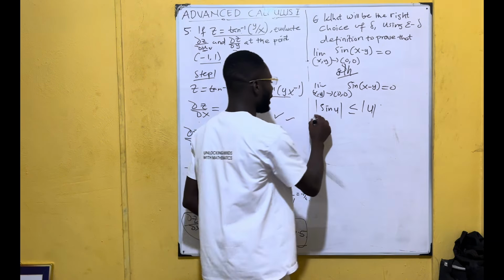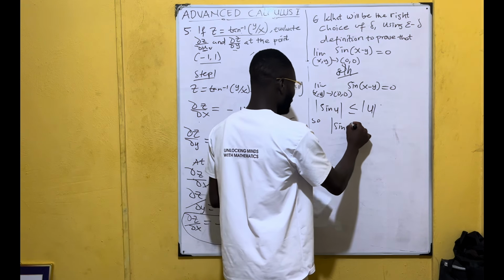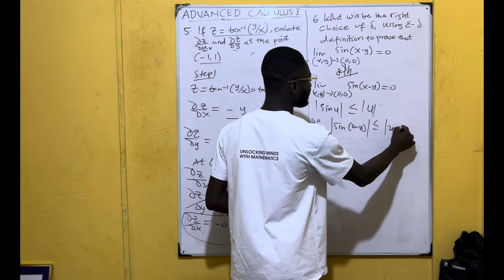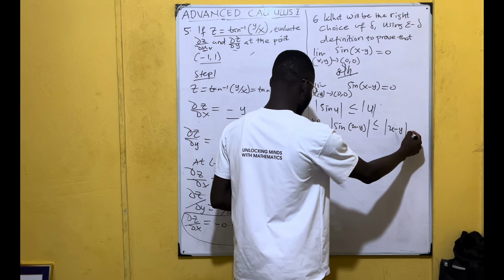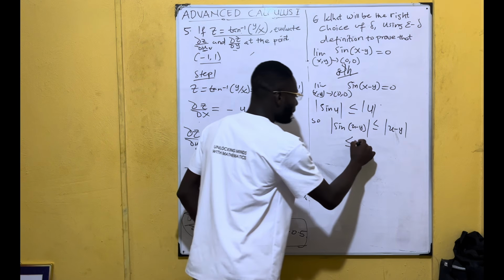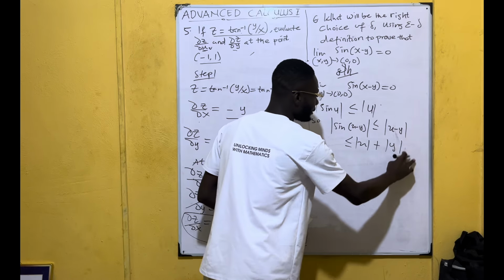So we have absolute of sine into x minus y less or equal to absolute of x minus y, right? And that is less or equal to what? Absolute of x plus absolute of what? 1.